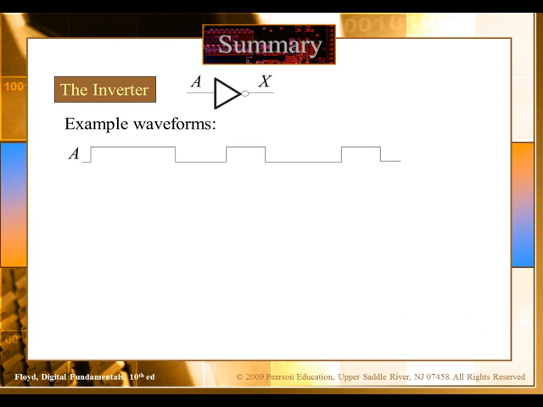Before we go to the next one, let's look a little bit at their waveforms, because remember, we always want to talk about the waveforms. You probably know the waveforms from the electric circuit class, but here you will always look at the waveforms just like a pulse. Do you see the waveform of A? We are assuming this is the waveform of A. Let's say this is given. Anytime you talk about a waveform in a digital circuit, it will always look like this, because in the waveform you will either see 0 or 1.